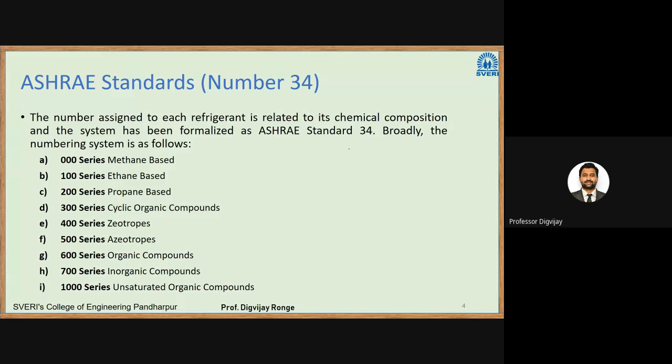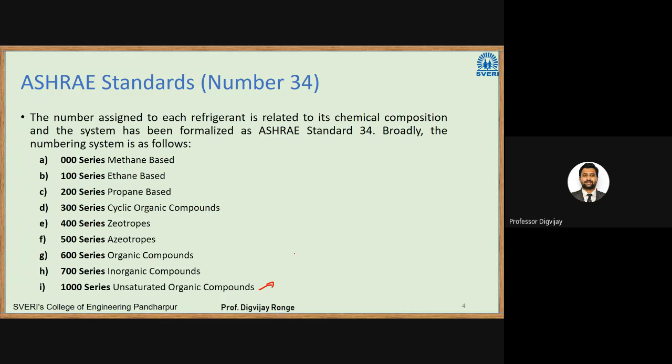Unsaturated means, if I take methane, the formula is CH4. If I take CH3, that will be an unsaturated organic compound. So we have ethane C2H6, but if I take C2H4, we know that it needs two more hydrogen atoms. In that case, that becomes an unsaturated organic compound. Okay, so again I will explain what is meant by unsaturated organic compound.